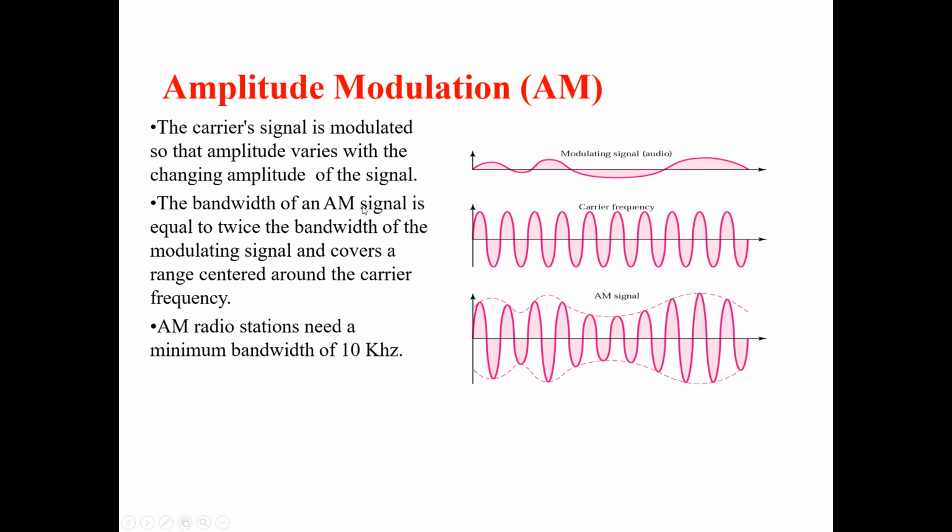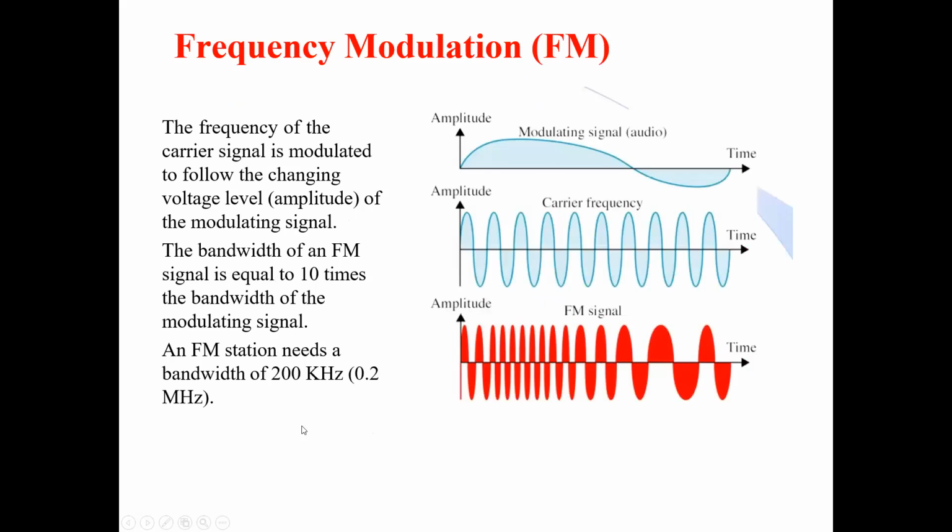The bandwidth of the AM signal is equal to twice the bandwidth of the modulating signal and covers a range centered around the carrier frequency. Means the pattern may be like this, but this is not the information. The information is in this signal only. Okay, this is the amplitude modulation.